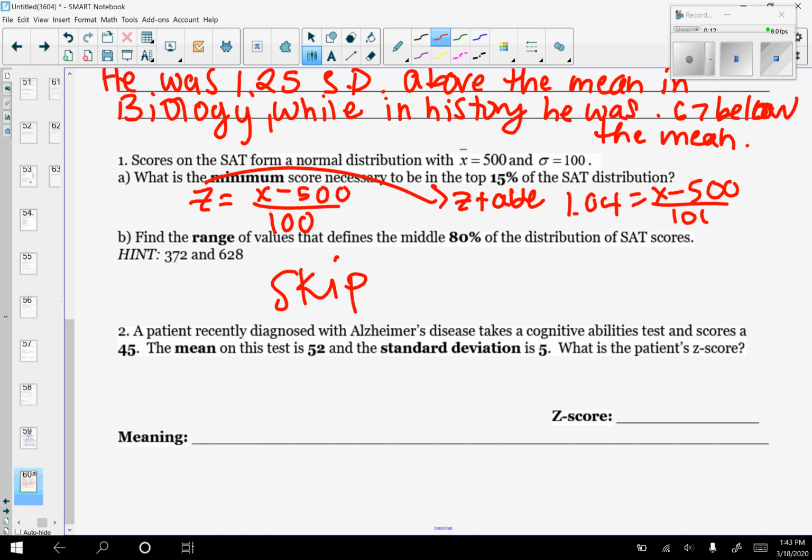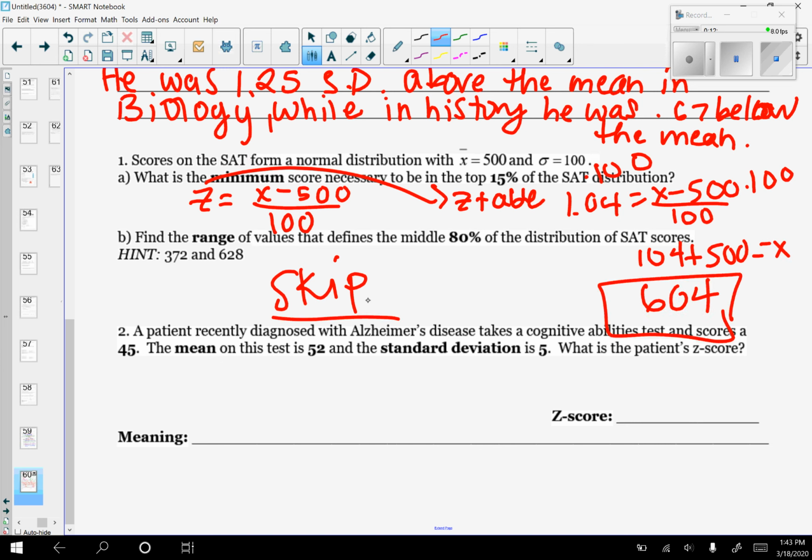Multiplying by 100, that's 104. So 104 plus 500, because we're going to add that 500 over, we get 604 would have to be our minimum score. I'm going to have you skip this part. We'll practice more of those if we have anything with the z-table, but I do not believe we do on our test.